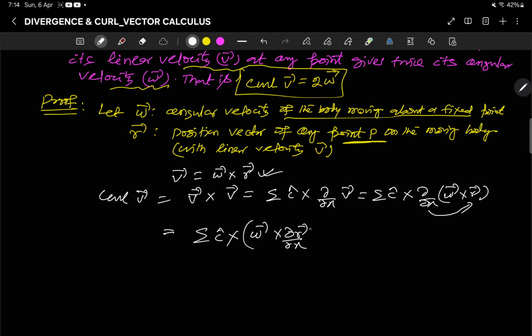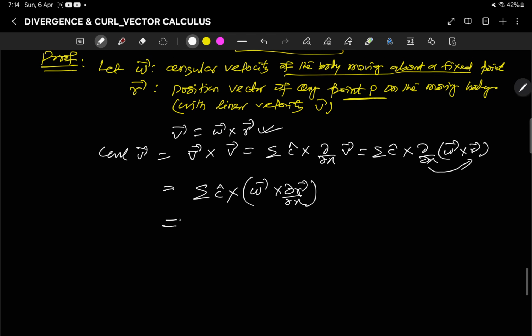Keeping the I component in view, we have I cross W cross I.